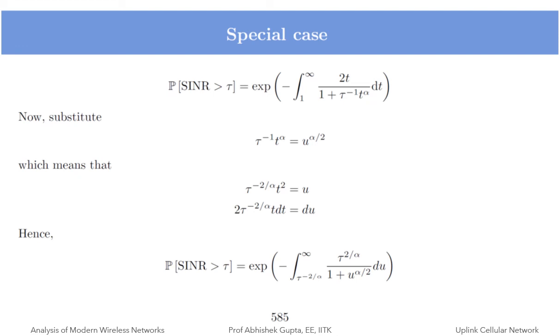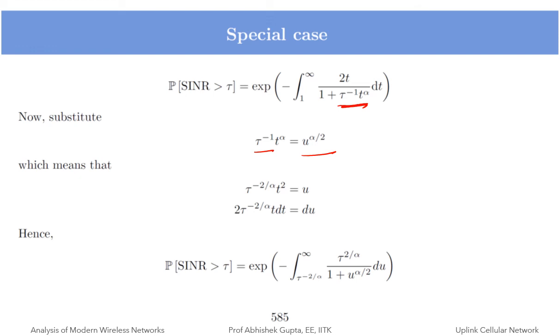I'll do a further substitution. What I do is I am going to make this equal to u to the power alpha by 2. The reason will be clear in just a minute. Once we do this, it means tau to the power minus 2 by alpha t square is actually equal to u, right?